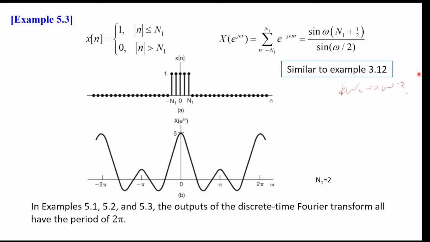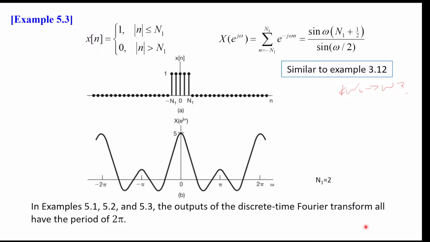We'll have to do a similar calculation in chapter 3, so we skip the calculation, and we see the result is sine over sine. So it's sine of omega times n1 plus 1 over 2, over sine of omega over 2. It's similar to example 3.12, but in the previous example we had omega equal to k omega 0, and now we just have omega here, and the signal is periodic with period 2 pi on omega.